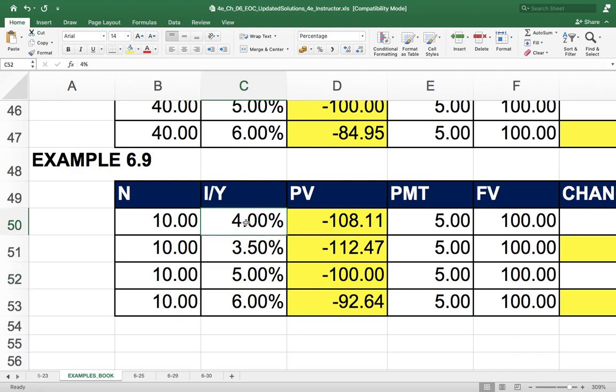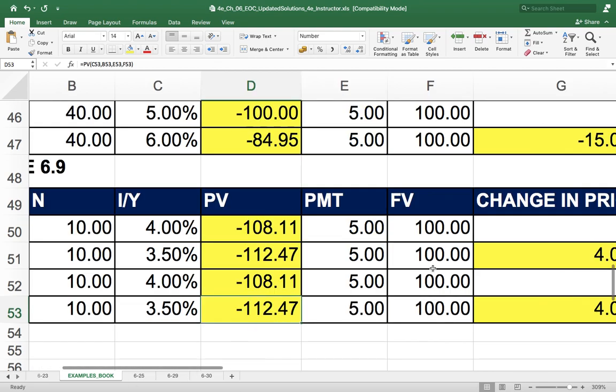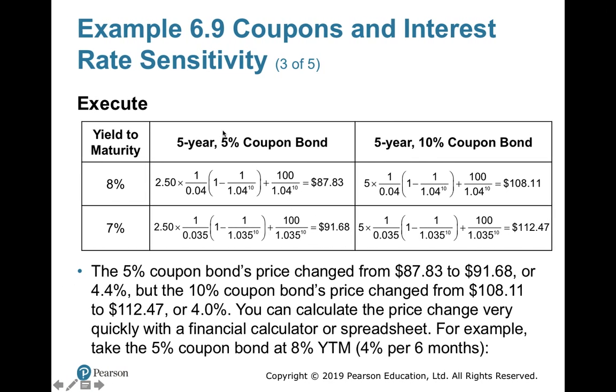Same 4% and 3.5%. Payment is one; both bonds are having different coupons here. One has a coupon rate of 5%, the other has a coupon rate of 10%.